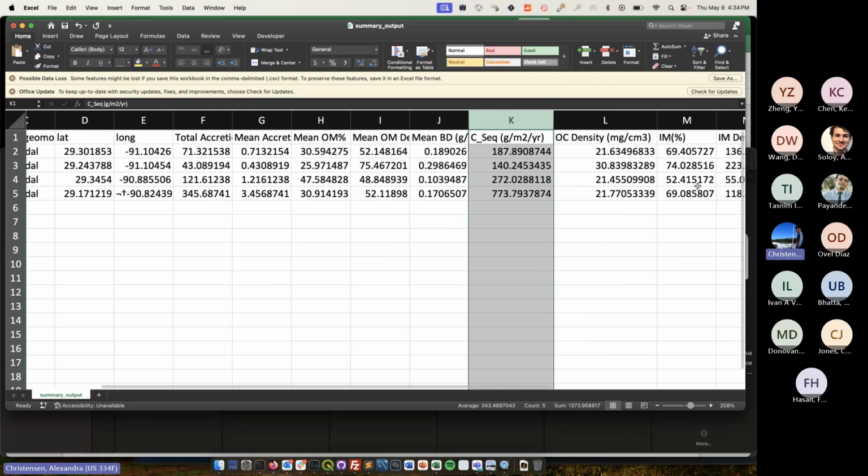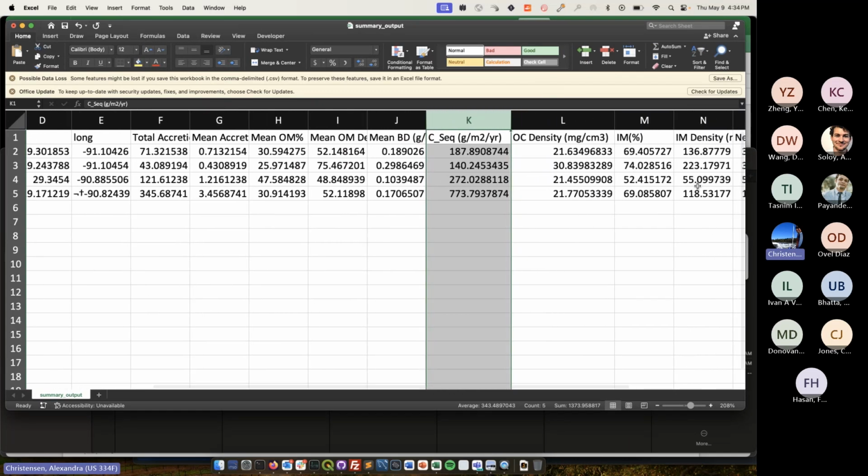This organic carbon density is pretty consistent with what we are given from the experimental data. The problem right now is with the cell packing density of organic matter and inorganic matter. In some of the data sets, we are getting low cell packing density of organic matter.